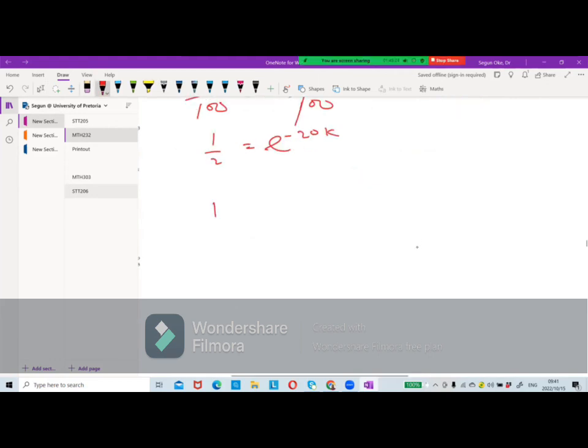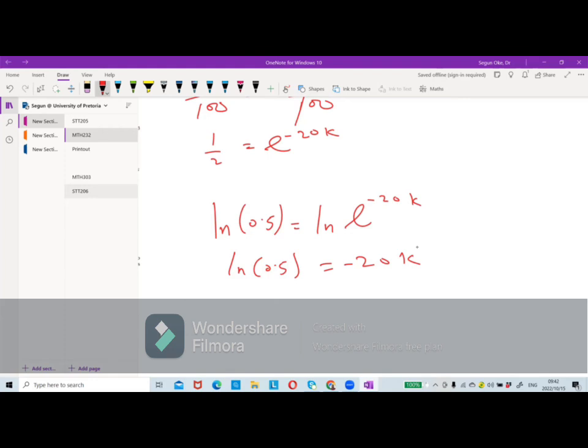So when you take the ln, you have ln 0.5 equals ln exponential minus 20k. So we have ln 0.5 equals minus 20k. So what is k?